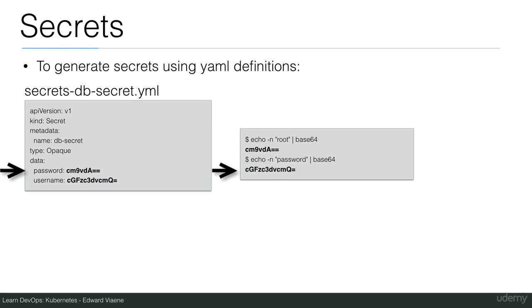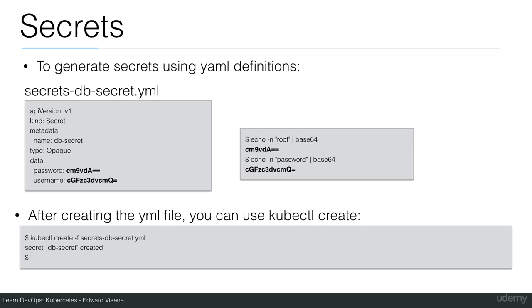You need a Linux or Mac machine, or you can search online for a base64 generation tool. You take the string root, or the string password, and you generate a base64 string for that. Then you use that in your YAML file. After creating the YAML file, you can just use kubectl to create the database secret.